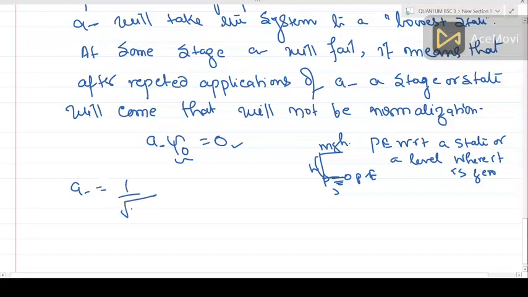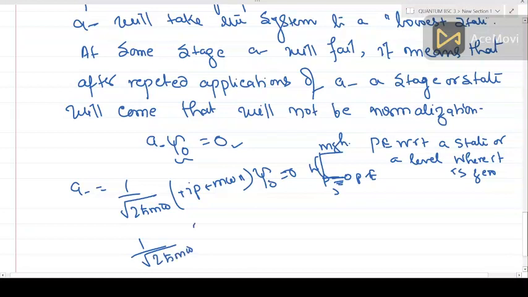Now from this we can evaluate psi naught. A minus is 1 by root under 2 h bar m omega times (i p plus m omega x) psi naught equal to 0.